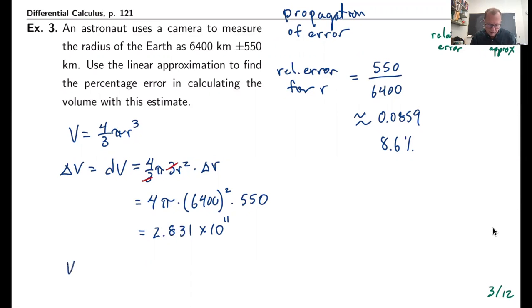But if we just calculated the volume with that 6400 there, and did that on the calculator, 4 pi times 6400 to the 3rd power, I would be getting 3.294 times 10 to the 12th.